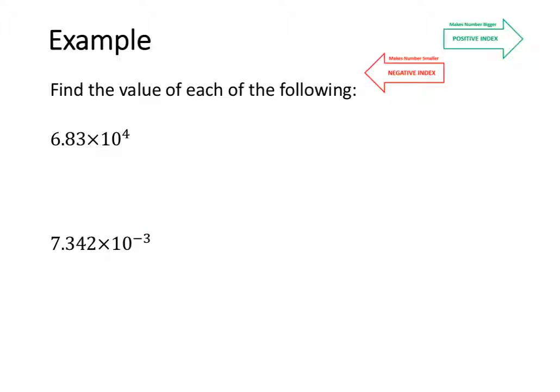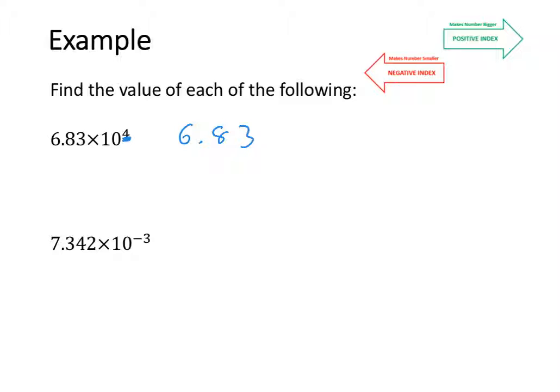So we want to find the value of each of the following. The first one is 6.83 times 10 to the power of 4. So we want to write the number 6.83, and then we want to move our decimal point 4 places to the right, which is going to make the number bigger. And I know it's to the right because it is a positive 4.